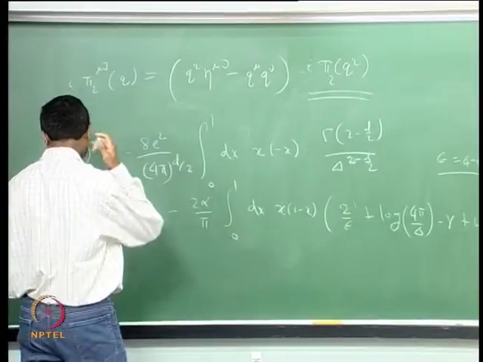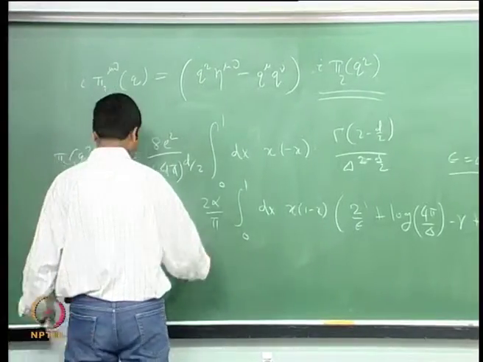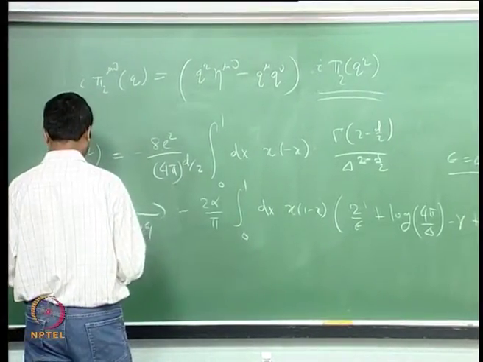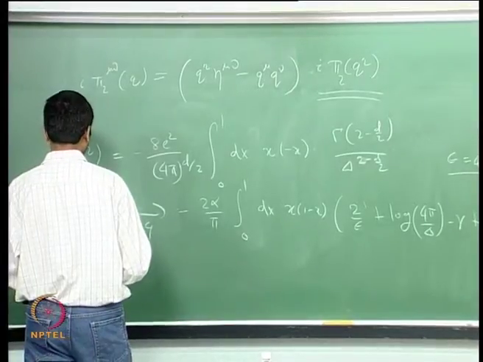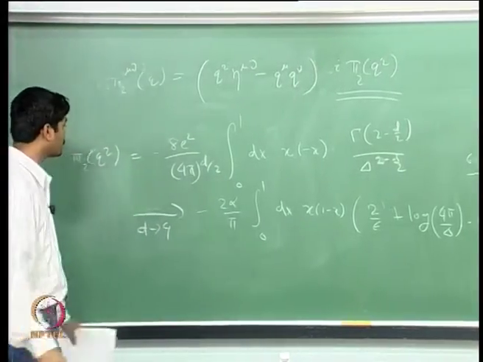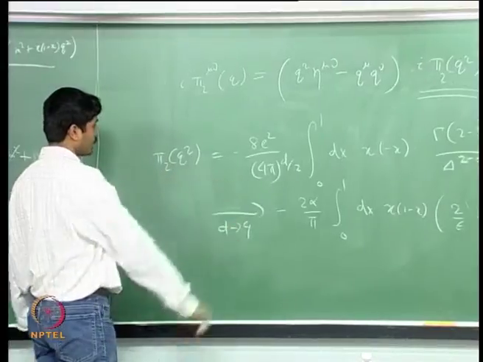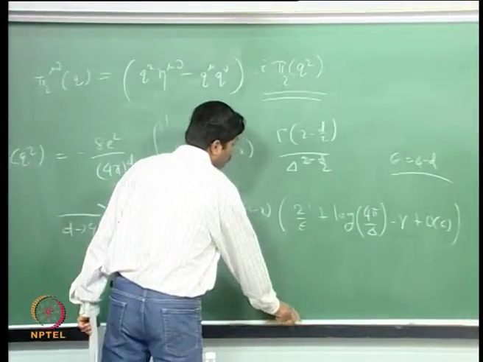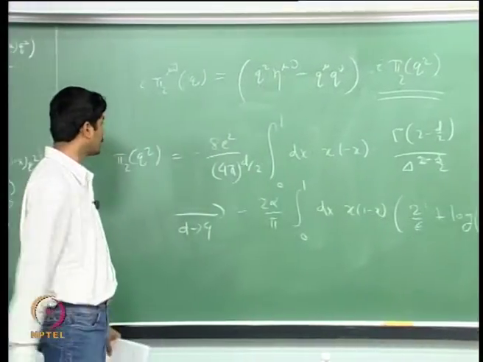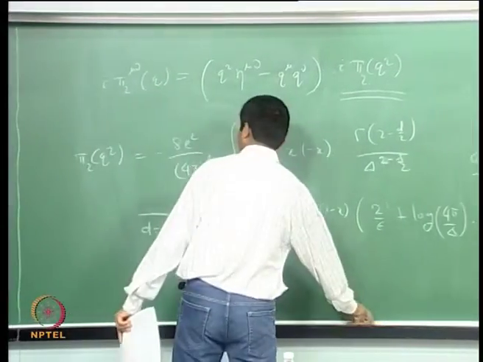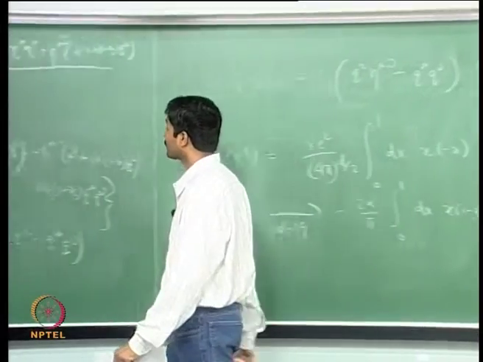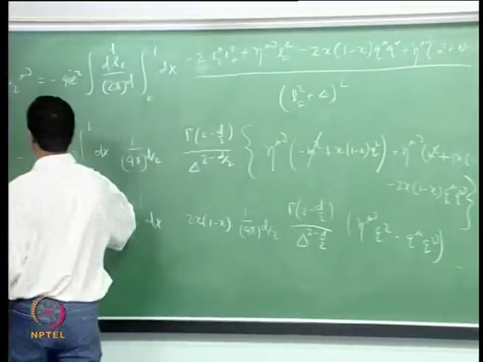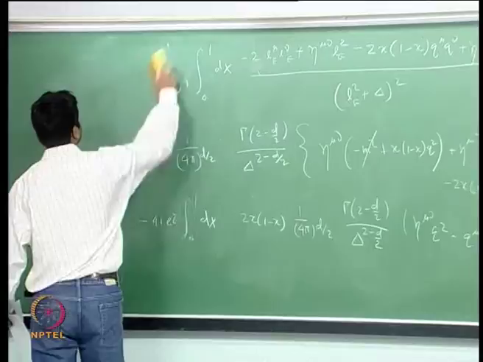It is simply given by some constant times 1 over epsilon, which is actually a divergent piece. From this expression for pi 2 of q square, you in fact can compute the q square dependence of the electrical charge, or in other words the q square dependence of the fine structure constant.